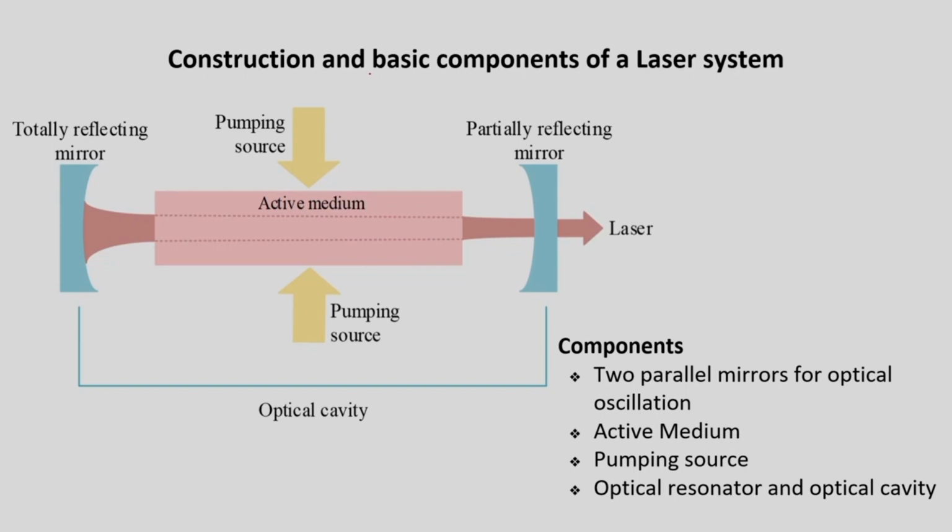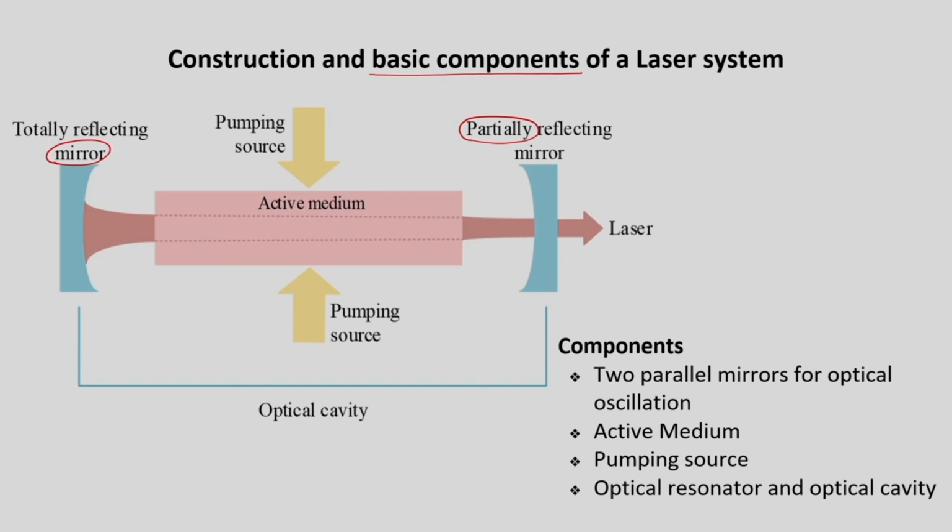So, let us summarize the constructional details that we have seen till now. A laser has some basic components. We require one completely, totally reflecting mirror, and one partially reflecting mirror to get the output from the laser system, to get the photons coupled out from the laser system.